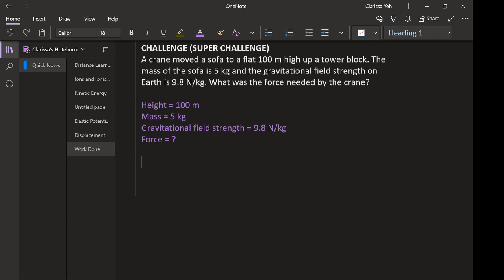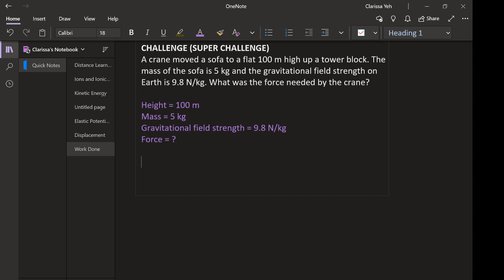So the first thing you have to realize is that the energy change due to a force is basically known as work done on that object. So our sofa changed in its energy because it got lifted up. When it got lifted up, it changed its height, therefore it changed its gravitational potential energy.